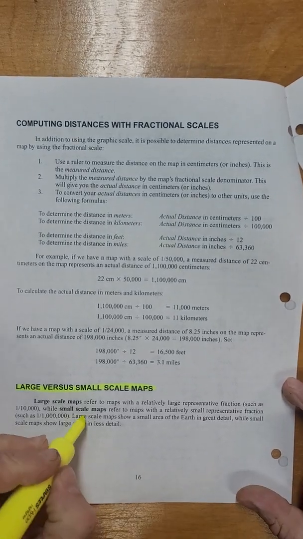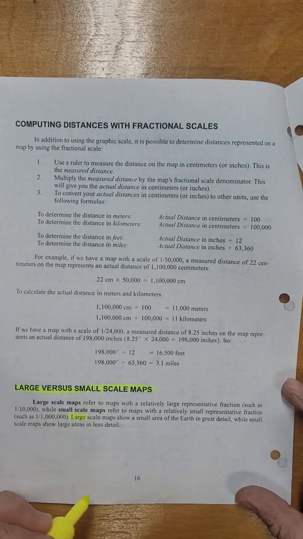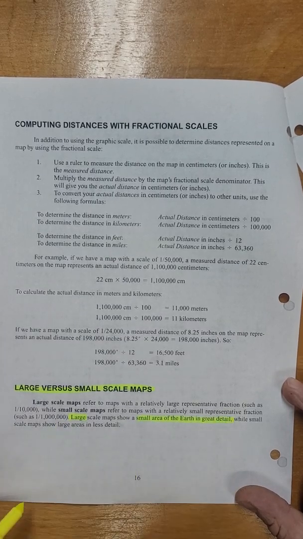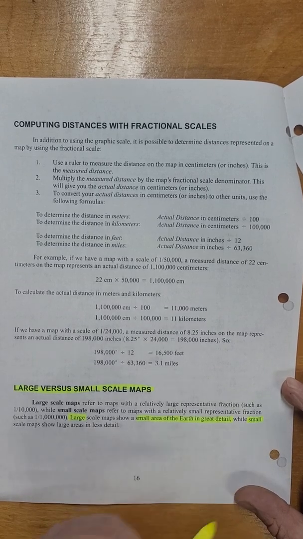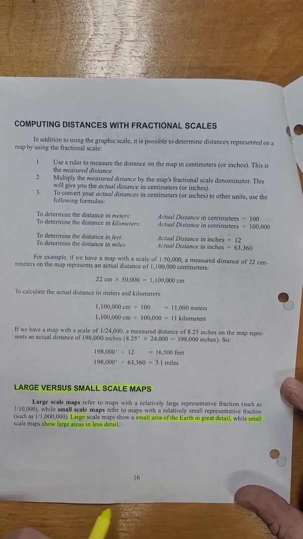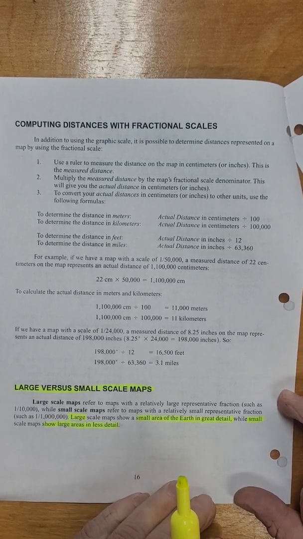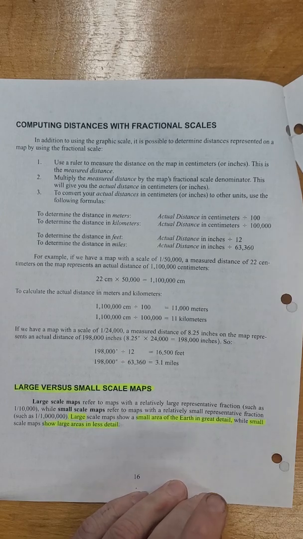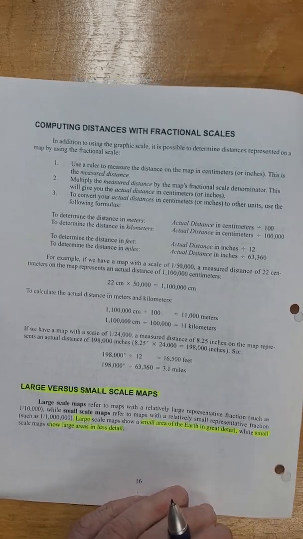Large scale maps show small areas in great detail, while small scale maps show large areas but in less detail. It's an important thing to remember whenever you're looking at a map. If it has a small scale, you might be missing some details.